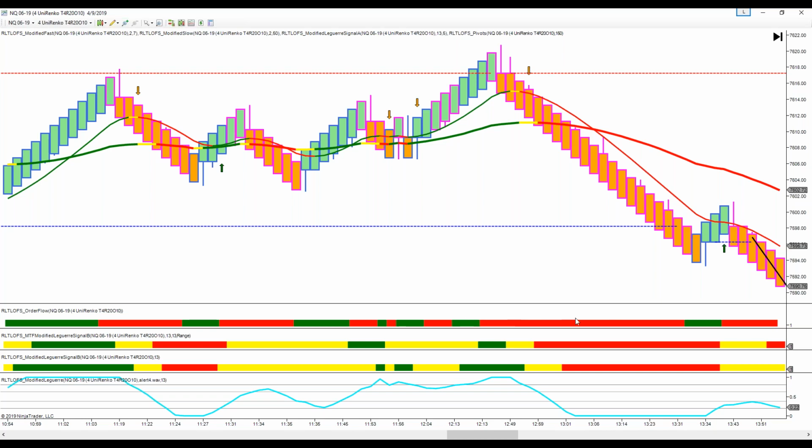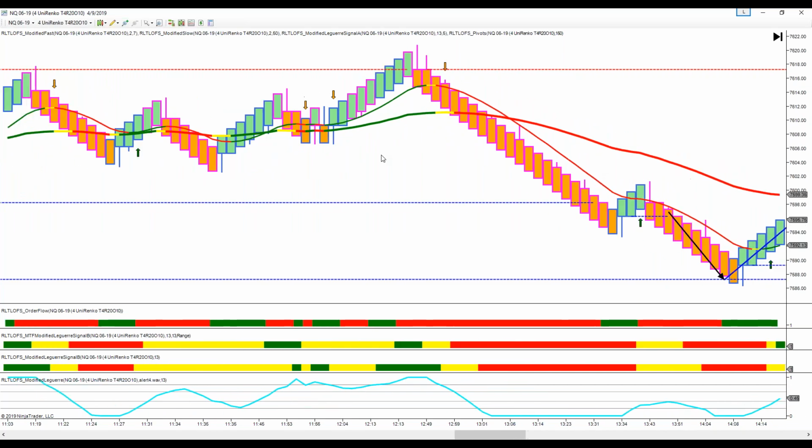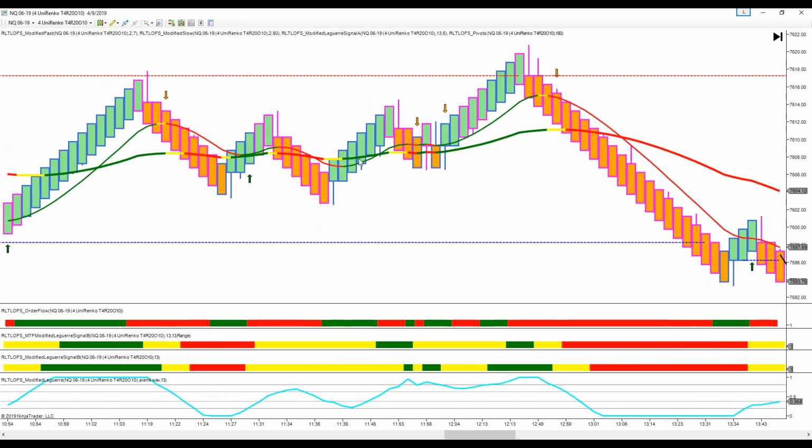That's the multi-time frame assessment of the market deltas of the two higher time frames. Every time the candle is haloed in magenta, I know that order flow is to the downside. And every time the candle is haloed in blue, I know that order flow is aligned to the upside.